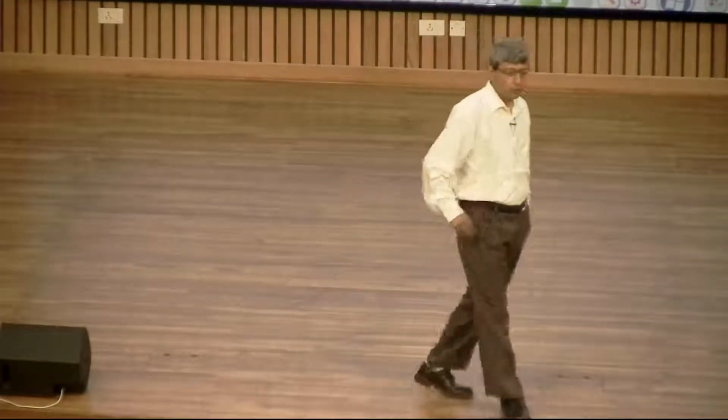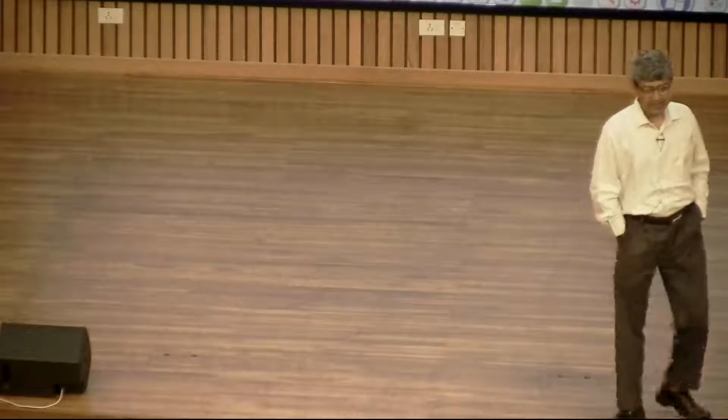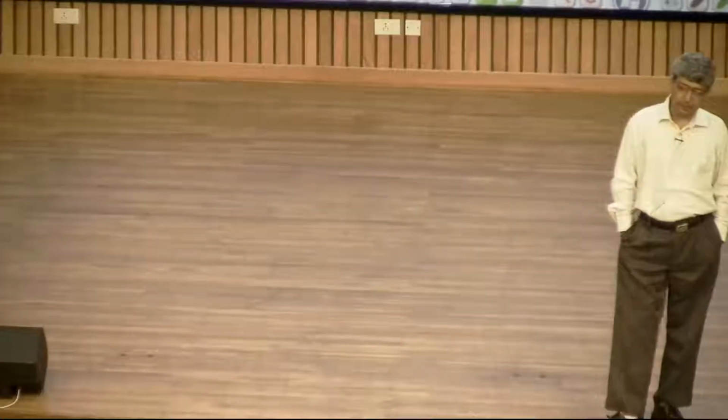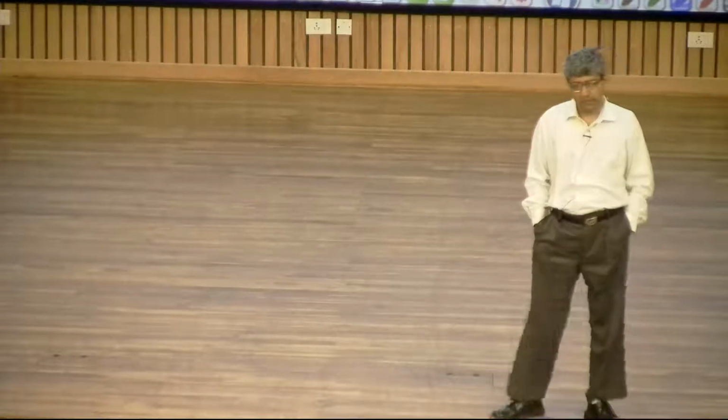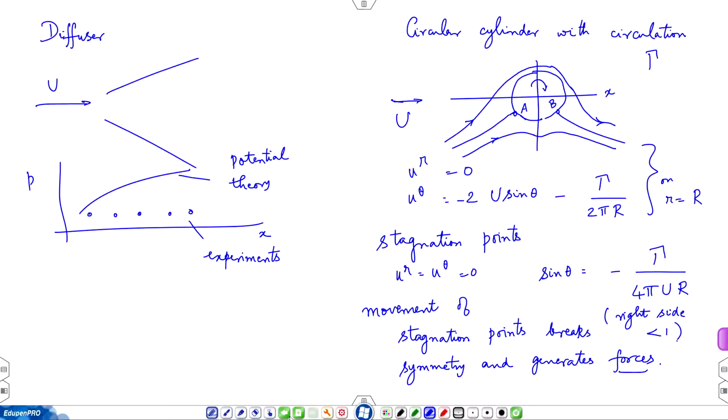How many of you know how to solve Laplace equation? You know how to solve Laplace equation. What is the method that you are familiar with? Separation of variables. Are we using separation of variables? Those solutions given, I gave you phi equal to something, but that did not have an infinite series.